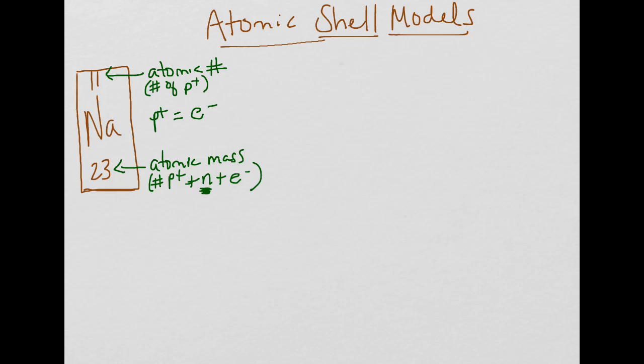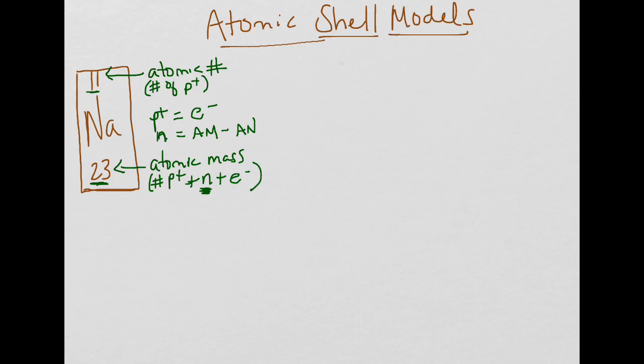And neutron number is going to equal the atomic mass. I'm going to do AM minus atomic number. So you take this number, 23, and you subtract 11, okay, to give you the number of neutrons that would be in the nucleus.